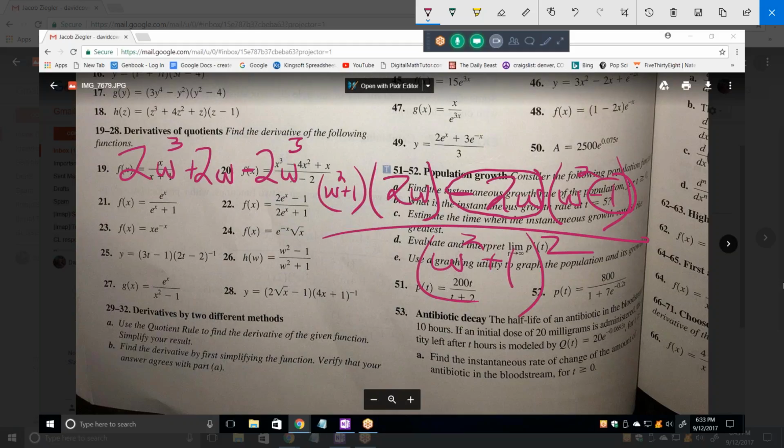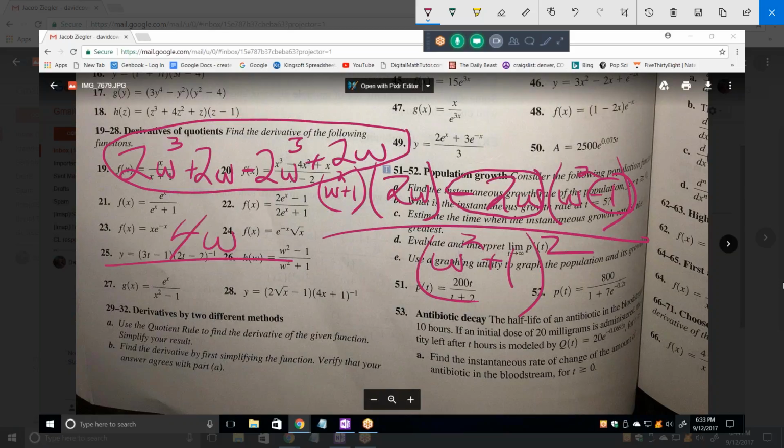Okay, so it's plus 2w, and all over w squared plus 1 squared. But let's simplify that. I see there's some simplification. What's that simplified to? Just 4w. And the bottom doesn't change. There's no point in expanding it. Won't advance the problem or allow us to simplify. That's as good as I'm doing.